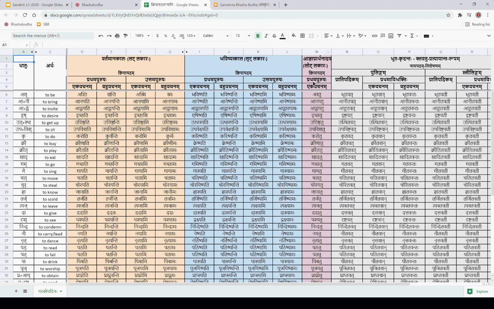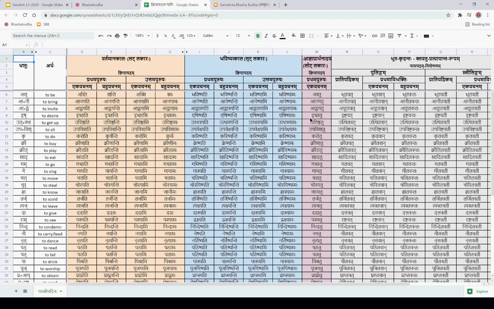And in column M, you see the Ajna Prarthana, this Lot Lakara form in the Prathama Purusha only is given, because Prathama Purusha Ekavachanam. The others, like Uttama Purusha, can be found from other sources, or based on what you have studied, you can also form them.